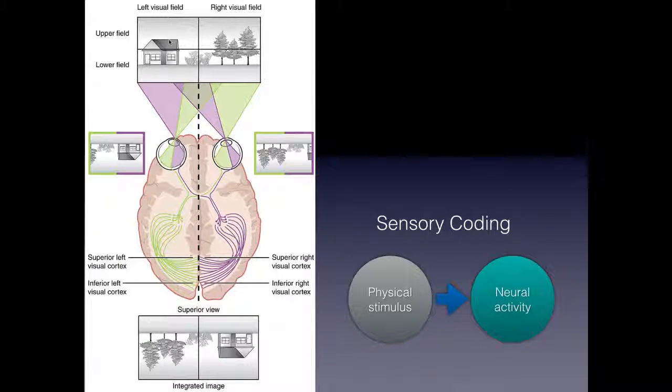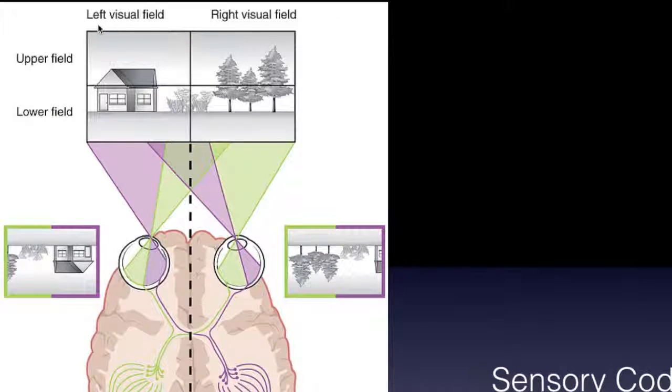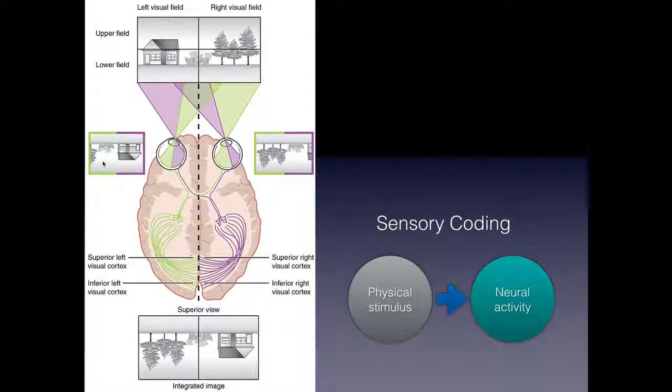You can see this example of the left visual field and the right visual field. In the square of the image there is a house and a tree, and on the left side and right side of the eyeball you can see different images.